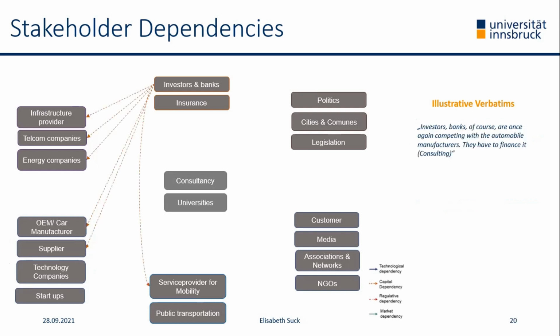Then we have the capital providing dependencies. The interviewees see the main dependency here in the huge amounts of investment that are necessary to advance and develop ACES and its components.